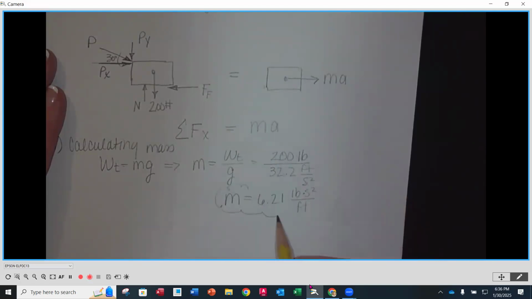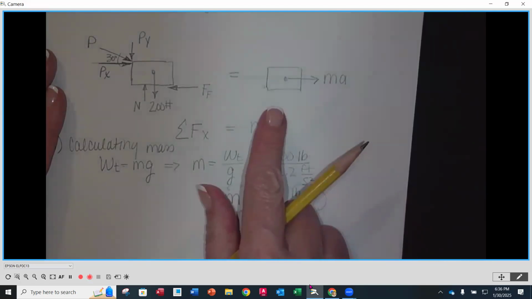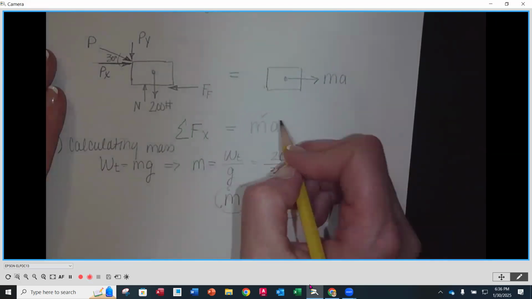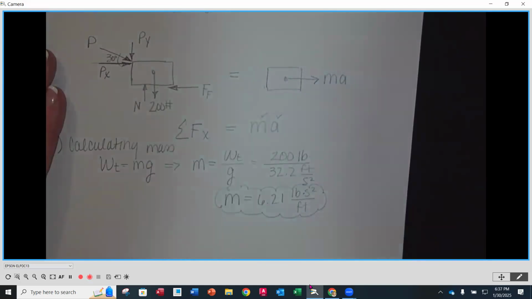So this is the mass of our block. Okay, so that means that we now have calculated what the mass is, we know what the acceleration is, so we know some of those terms. Okay.